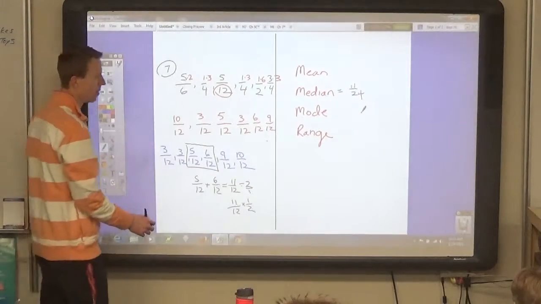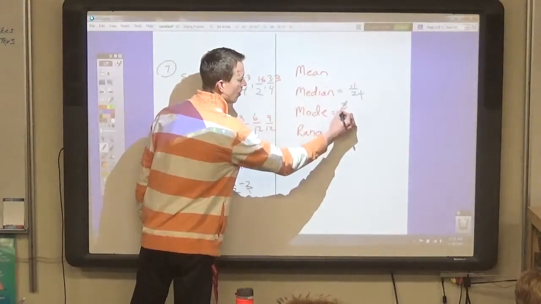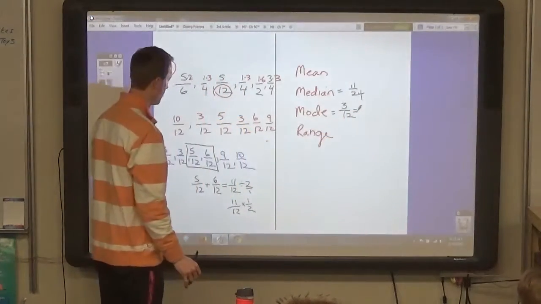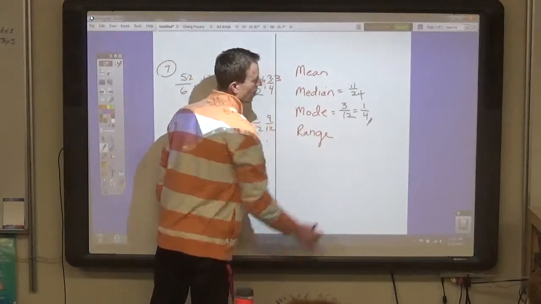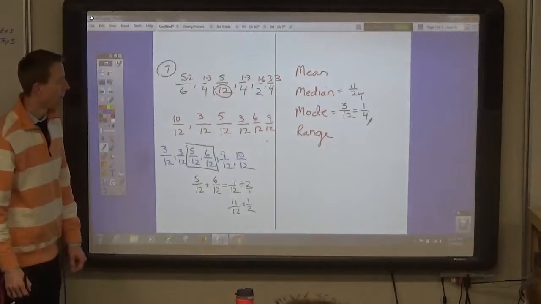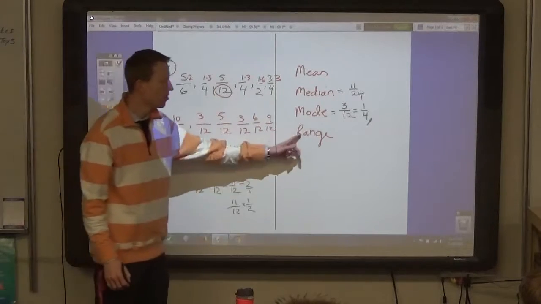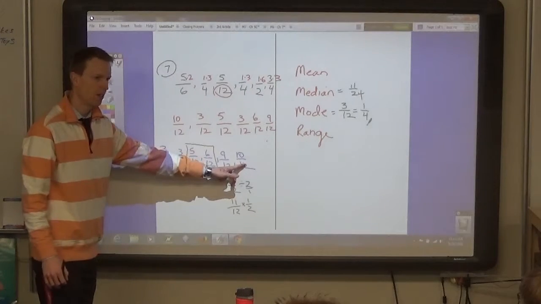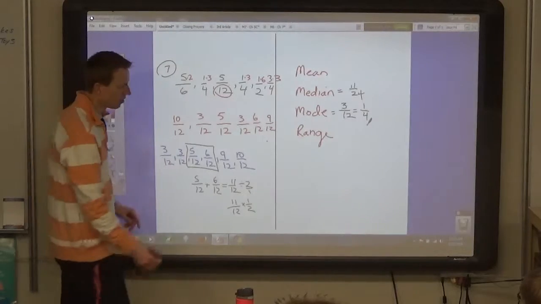Then we have to find the mode, which is 1/4. And the range, 10/12 minus 3/12.